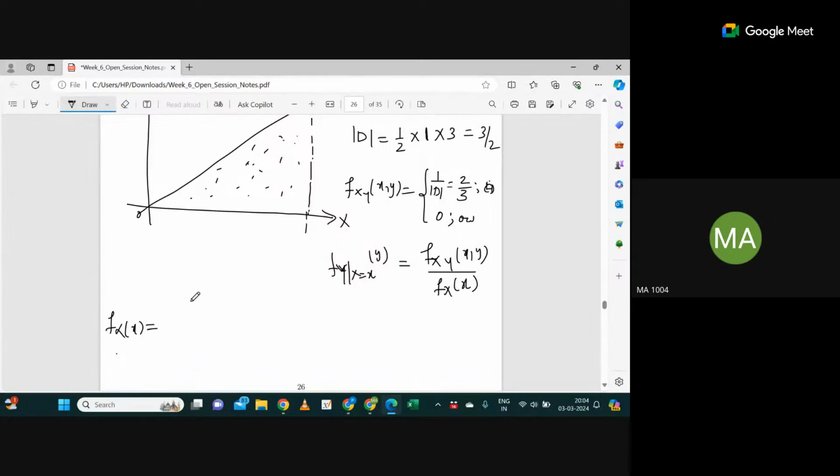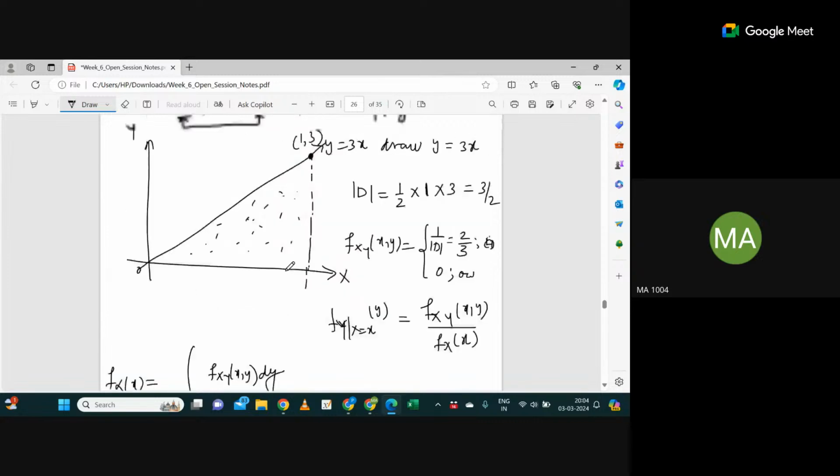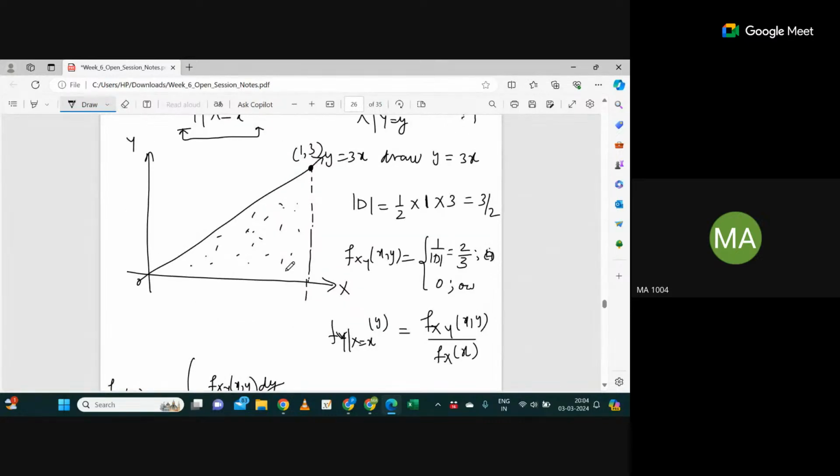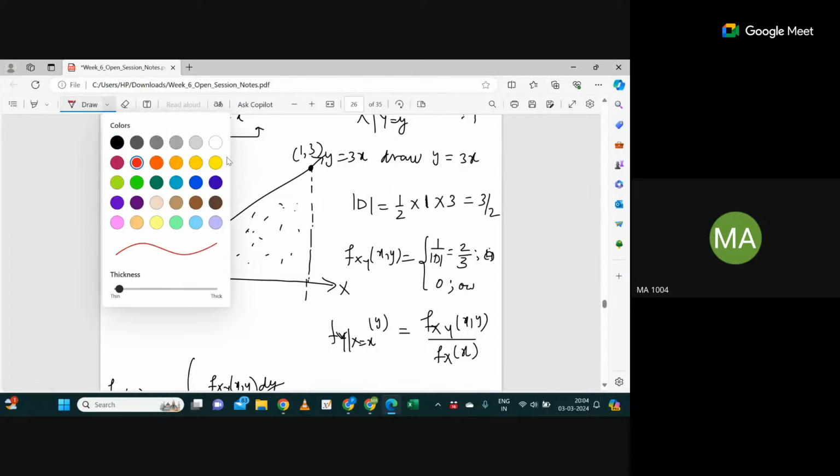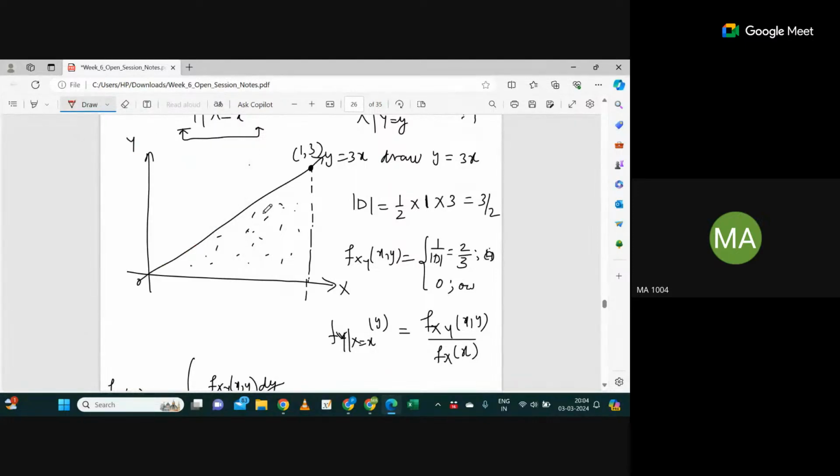To calculate the marginal of x, I have to integrate the joint density throughout the support of y. To know the limit of y, what do I have to do? I have to draw a line parallel to the y axis, right? So what is the limit of y now? 0 to this line, which is 3x.